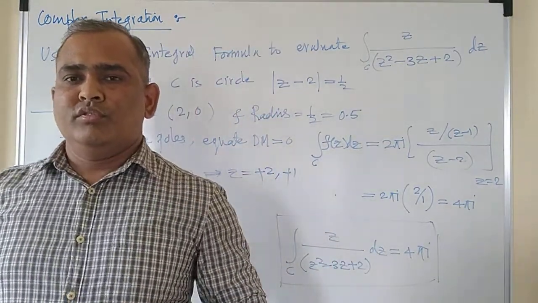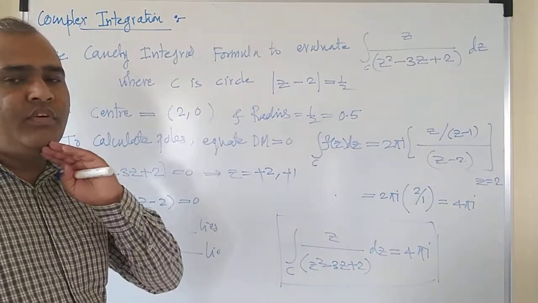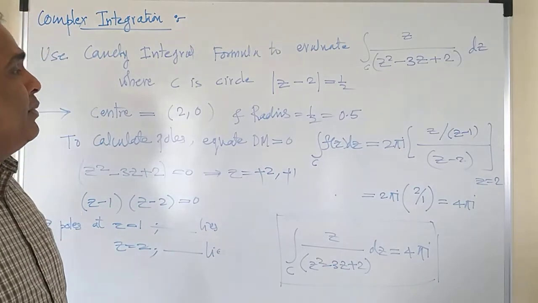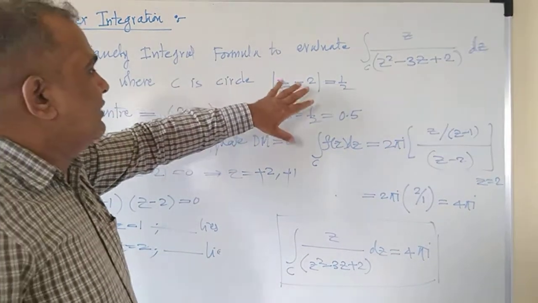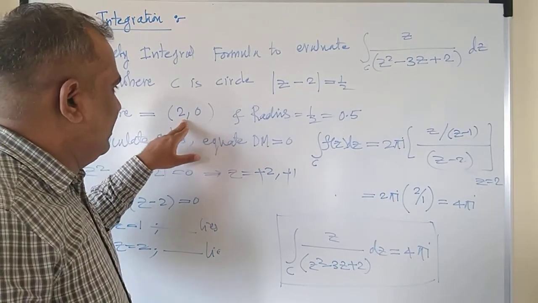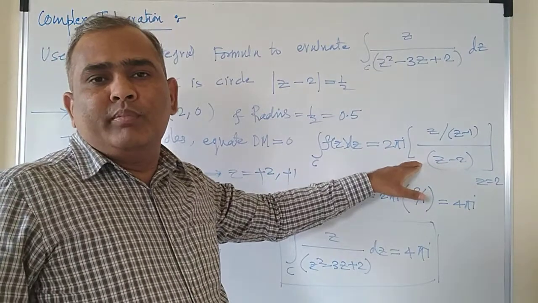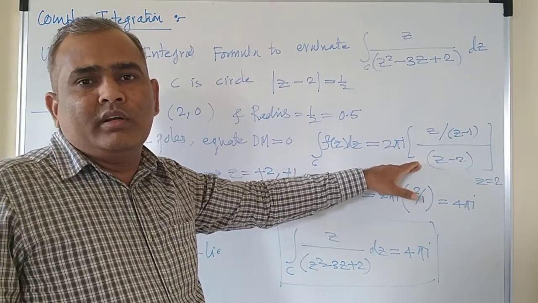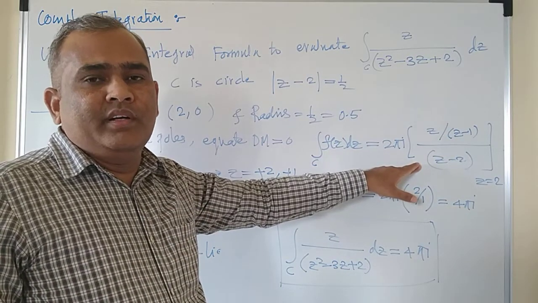So hope you have understood this Cauchy integral formula. This is very important for next some points. Moreover, the important points to understand in the complete topic are how to find the center, what its radius is, how to draw the diagram, and whether the given poles are lying inside the given contour or not. If you are able to find that, then you can easily find the answer.